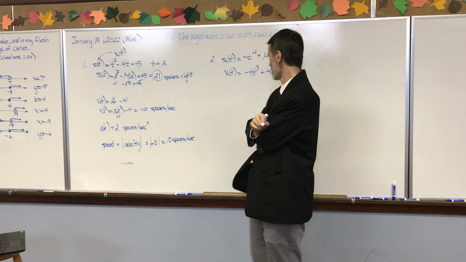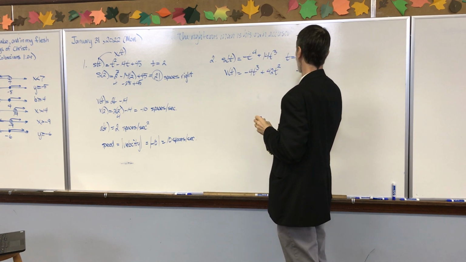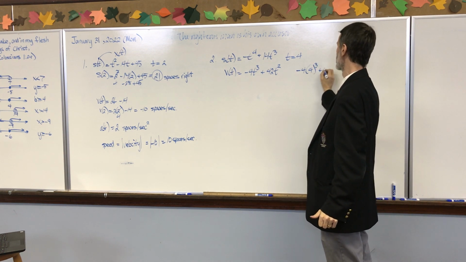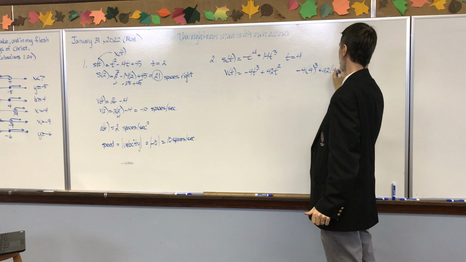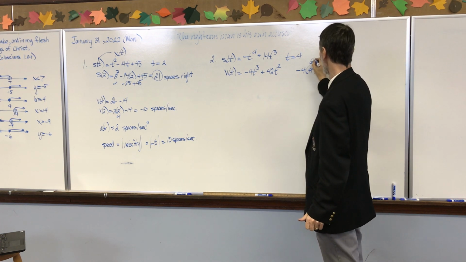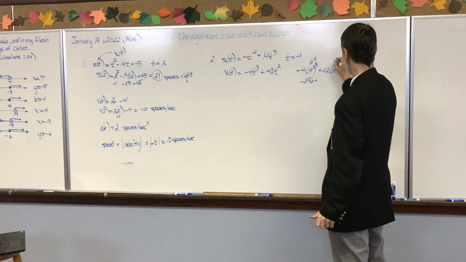If you want to plug in 4, this is -4 times 4 cubed plus 42 times 4 squared.